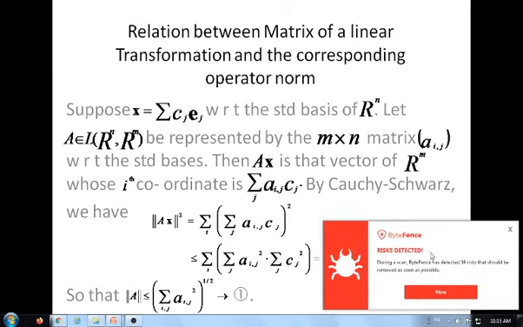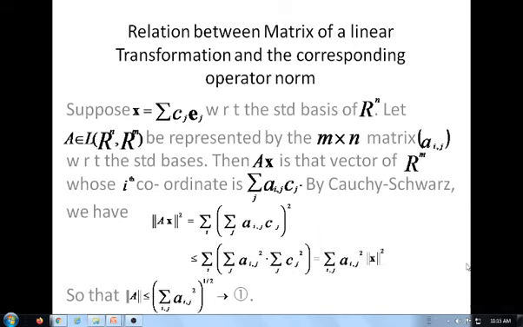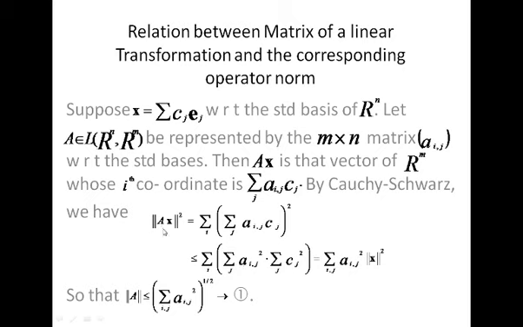But what is the least upper bound? It is precisely norm of A. And you compare the least upper bound and that upper bound. So you will get norm of A less than or equal to sigma over i comma j Aij square whole to the power 1 by 2. Hope you understood. Mark it as 1.